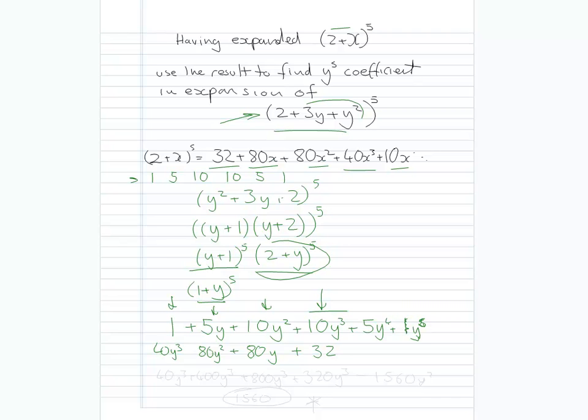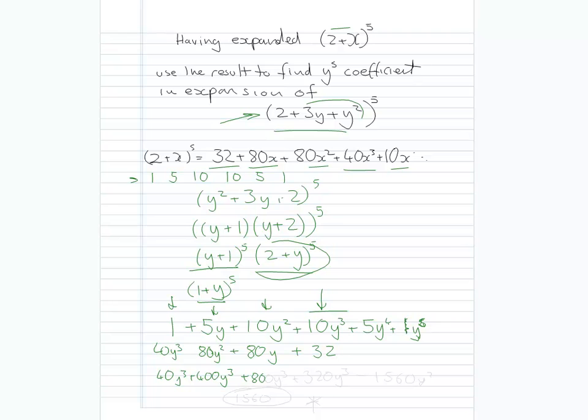Writing them out in full, we've got 1 times 40, so 40y cubed here, and 5 times 80 will be 400y cubed. We don't actually need to write the y cubed here, but for completeness, so someone can see our method, we'll do so.